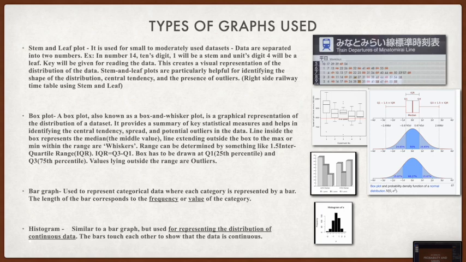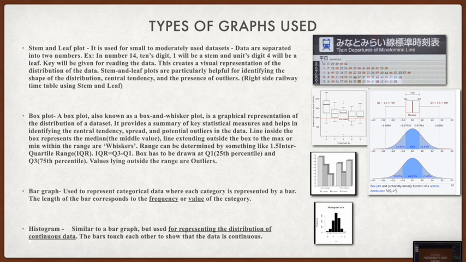So we define these values, draw the box and the line, and finally we see that here there are no outliers. That's why there are no dots kept outside this range and outside this box and whisker plot.